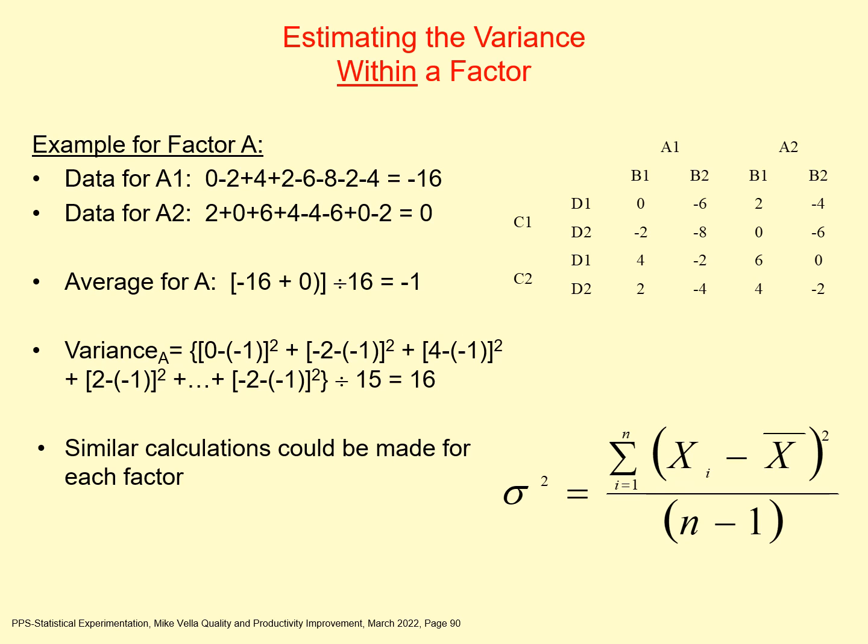The average of A1 and A2 is minus 16 plus 0 divided by 16, because there are 16 individuals in the sample set. The average for A is minus 1. We're going to need that minus 1 in our formula for the variance below, because the concept of the variance is that we're going to take each one of the individuals and subtract it from the average and square that and divide that sum by n minus 1. That's the variance.